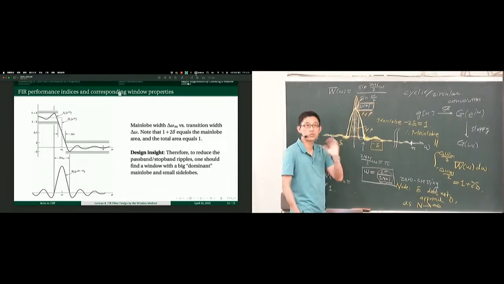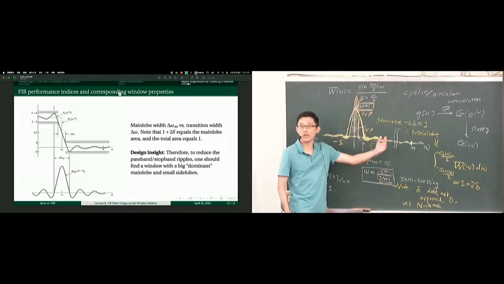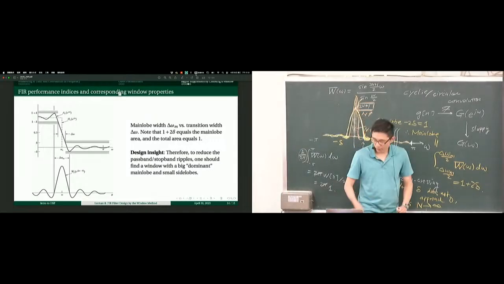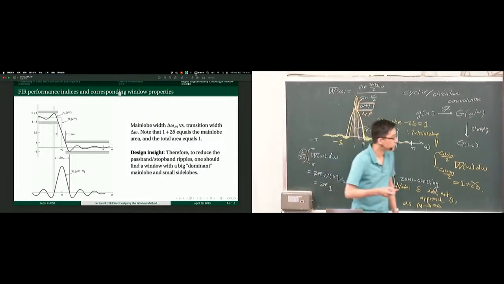Therefore, the transition width decreases inversely proportionally. Basically, it will be inversely proportional to n, or to n plus 1 to be exact.